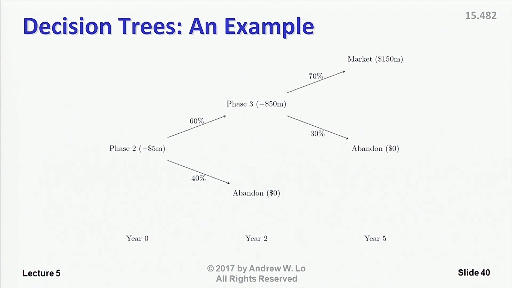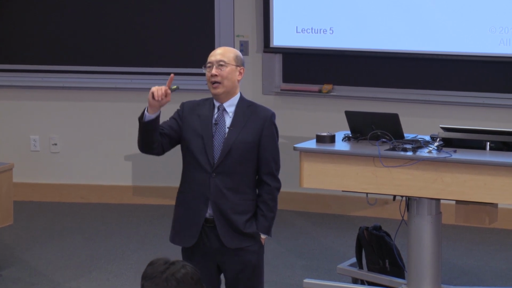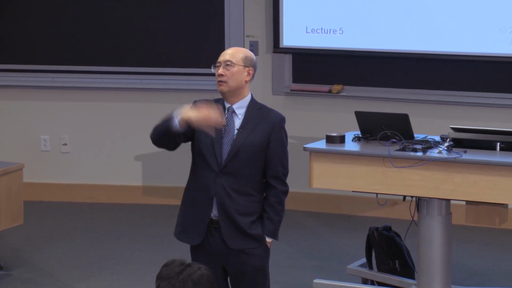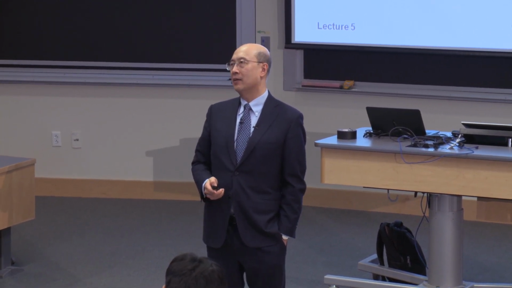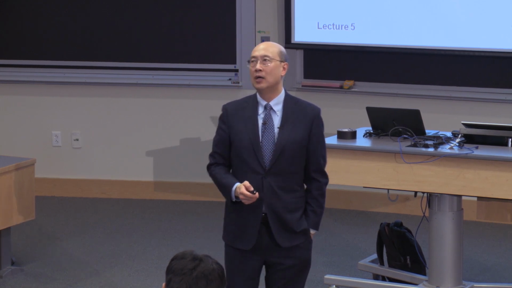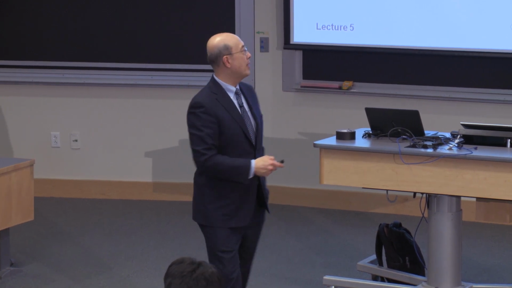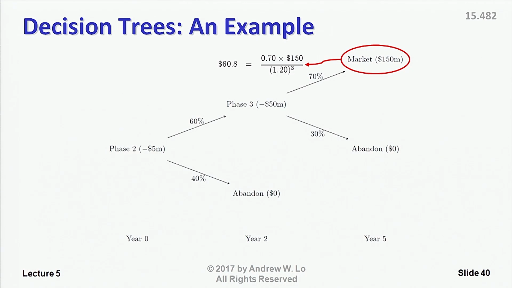Start at the end. If we succeed with our phase 3 trials, that's a $150 million payday, right? So how does that look from the beginning of that interval at year 2? So we know that if I make $150 million, then the expected value of that, discounted at the appropriate risk-adjusted cost of capital, as of year 2, is going to be given by $60 million.